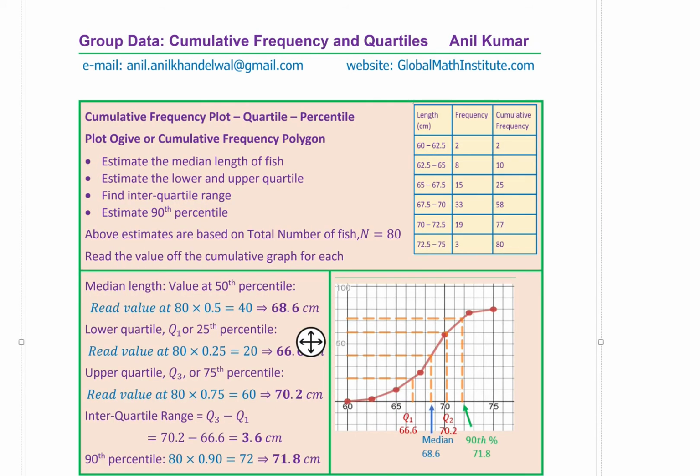So now we are in a position to estimate the frequency from the graph. To estimate the median length of the fish, we'll estimate the lower and the upper quartile, and we'll find the interquartile range and the 90th percentile. When we say percentile, it is similar to finding the median, right? When we say median, we mean the 50th percentile.